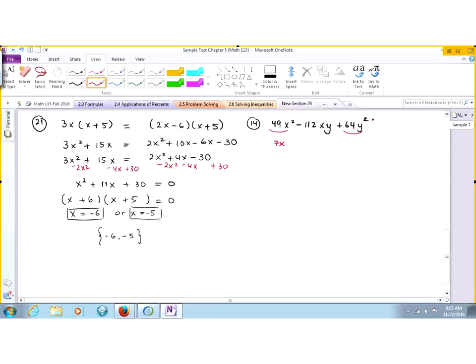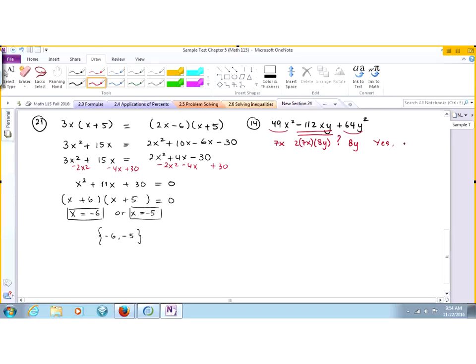Is 64y squared a perfect square? It comes from 8y. Now I have to check the middle. Is the middle 2 times 7x times 8y? What is 2 times 7 times 8y? 112.